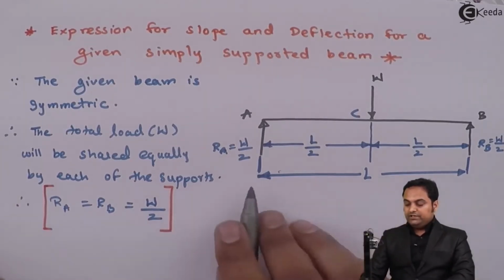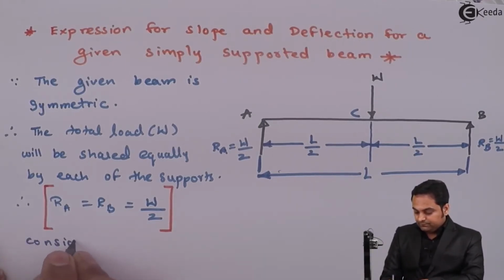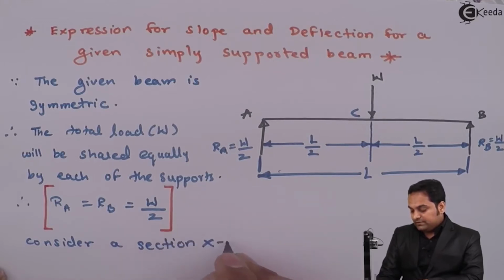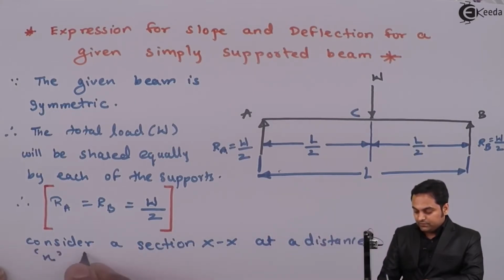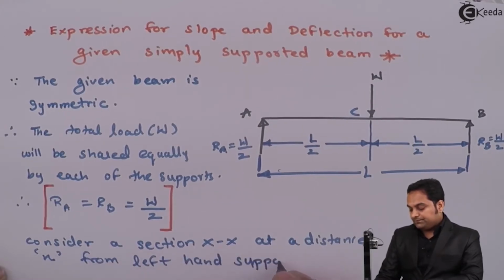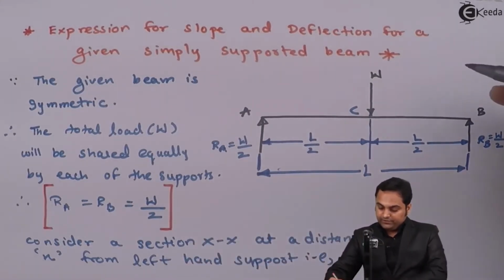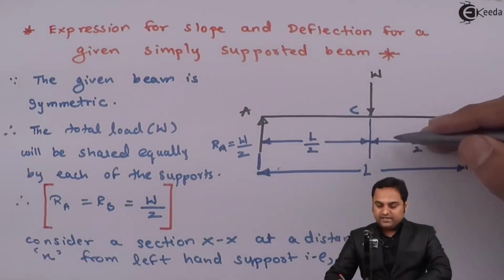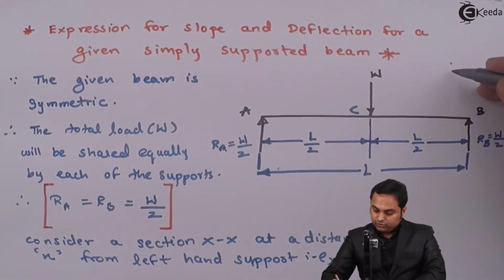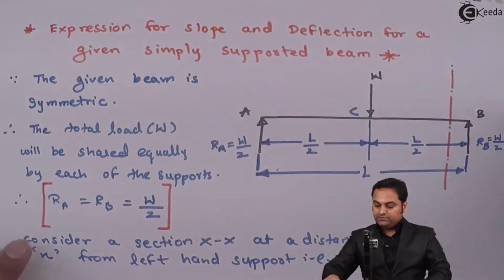Now, once we get the reactions, the next thing would be to consider a section XX at a distance small x from the left hand support, that is A. So from A, I am going to consider a section, and that section should be far away from A and close to point B, because we are going to use the double integration method here, also called Macaulay's method.